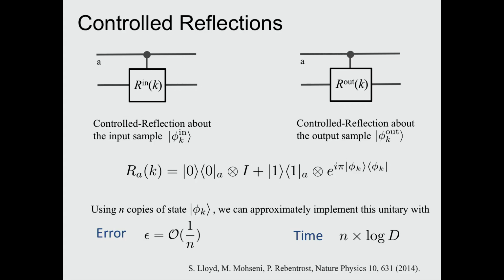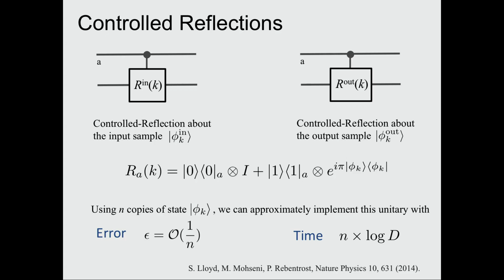Now, in the circuit that I'm going to present next, I'm going to use these unitaries. But obviously, I don't have these unitaries. But the point is, given the copies of these sample states that are given, I can approximately simulate this unitary. This uses a previous technique which was introduced in a paper by Lloyd and collaborators.